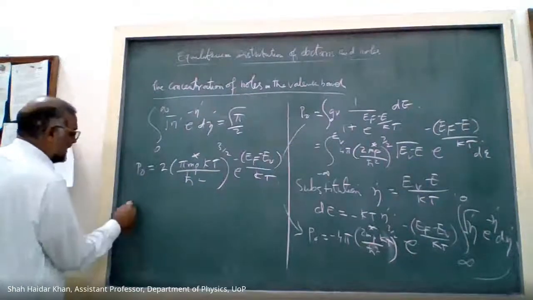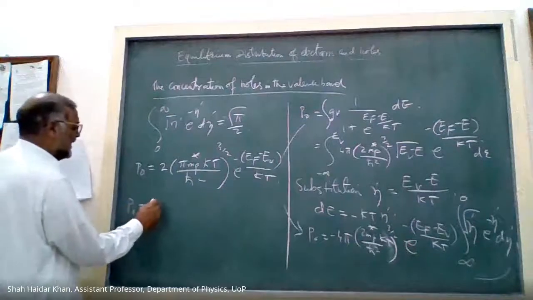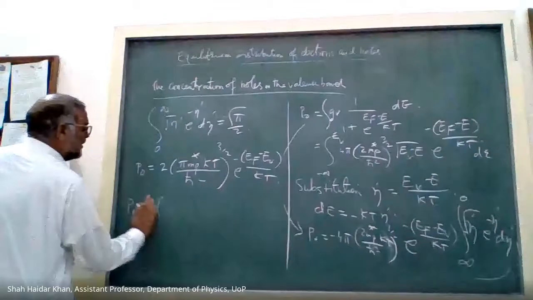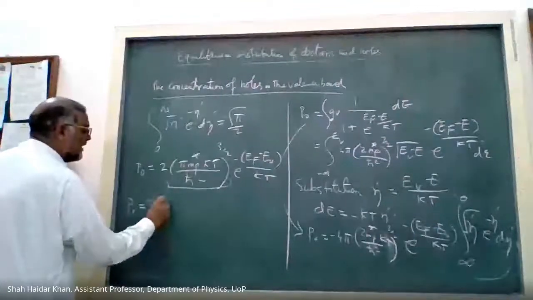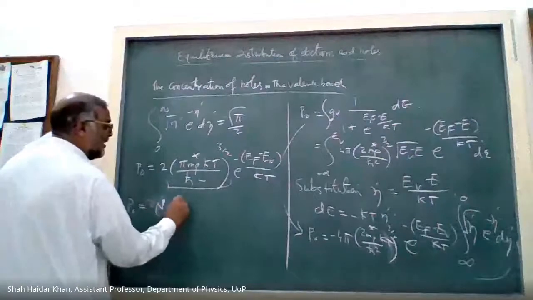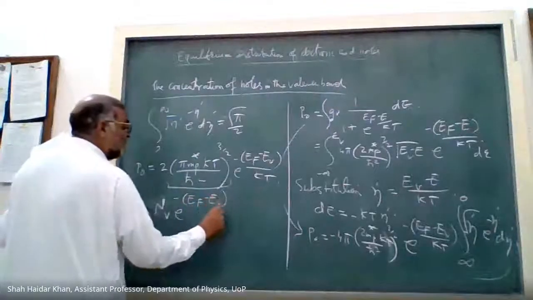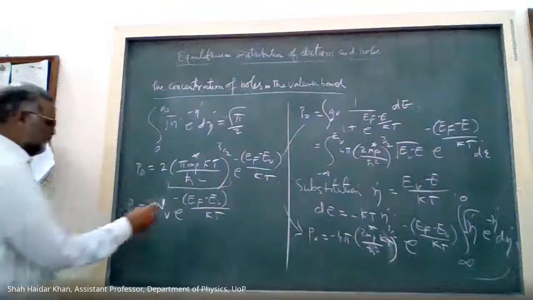The equilibrium distribution of holes is equal to, let me write this as NV as before, NV e to the power minus EF minus EV divided by KT.